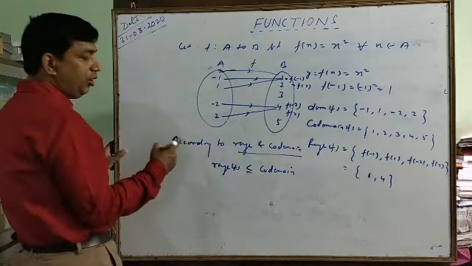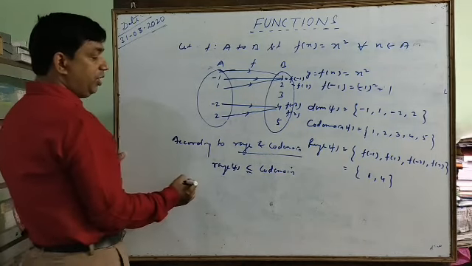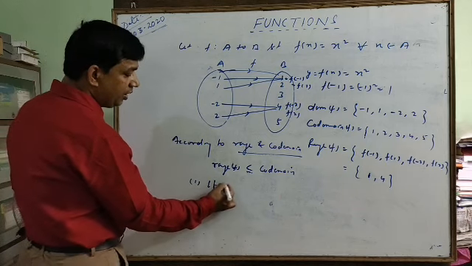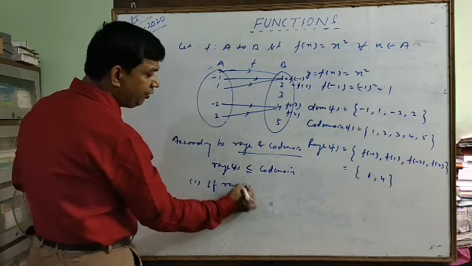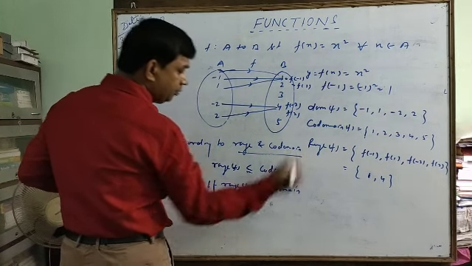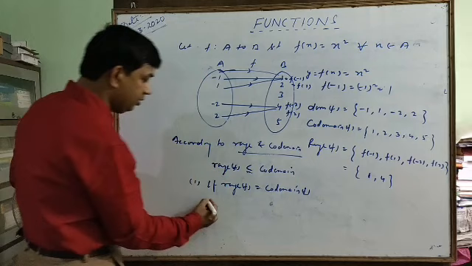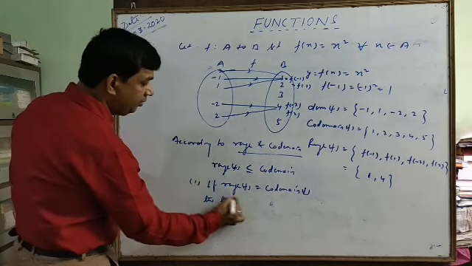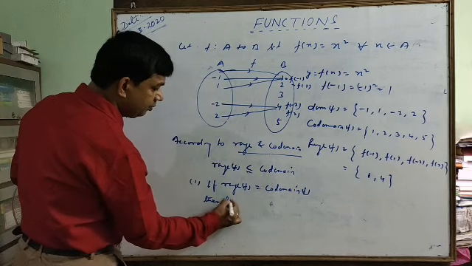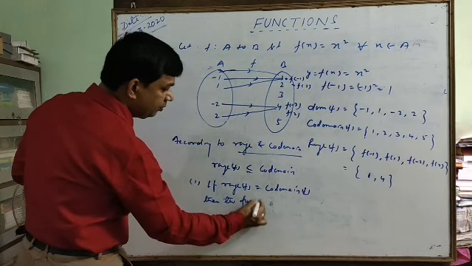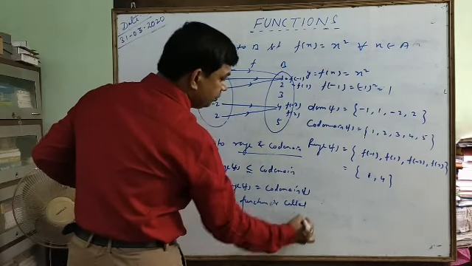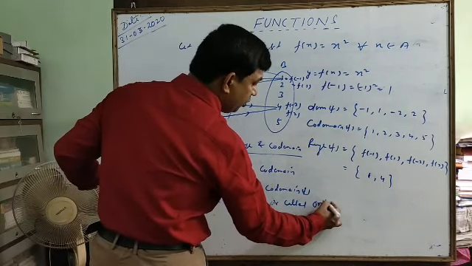So here, according to range and codomain, I told functions are two kinds. So one time, if range f is equal to codomain, then the function is called onto.